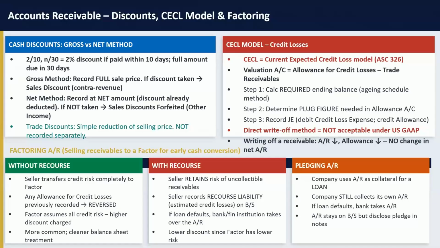Now, when you avail the cash discounts, there are two methods in which you can enter it. And guys, in the case of accounts receivable, in our balance sheet and also in our financial statements, there is a rule that you should not overstate or understate any of your assets.